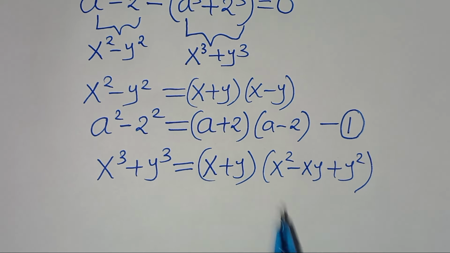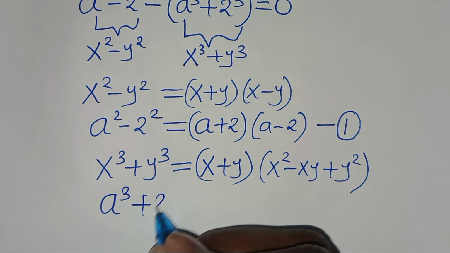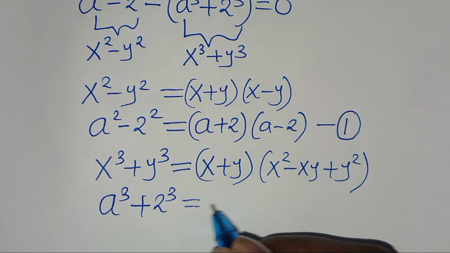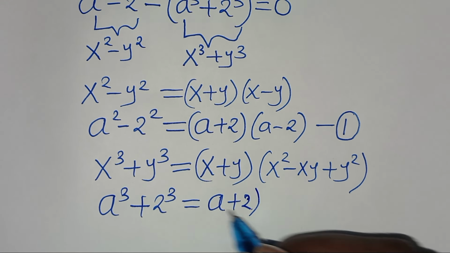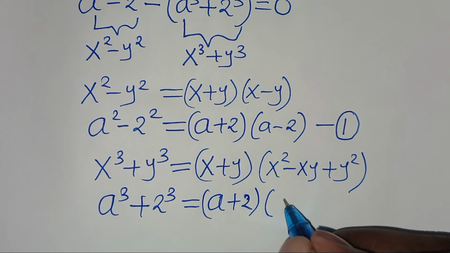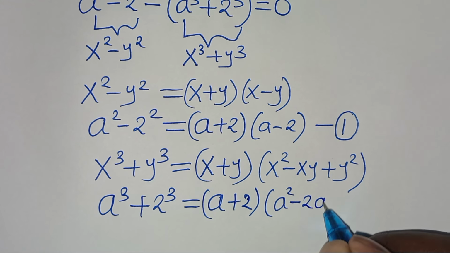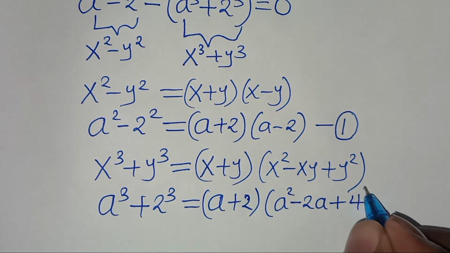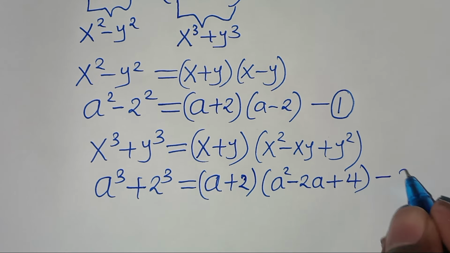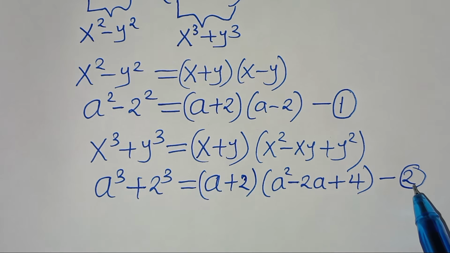Now this implies that a to power 3 plus 2 to power 3, we can express this as a plus 2, then here we have a squared minus 2 times a, that is 2a, and then plus 2 squared, which is equal to 4. Let's call this equation 2. The next step is to combine equation 1 and 2.